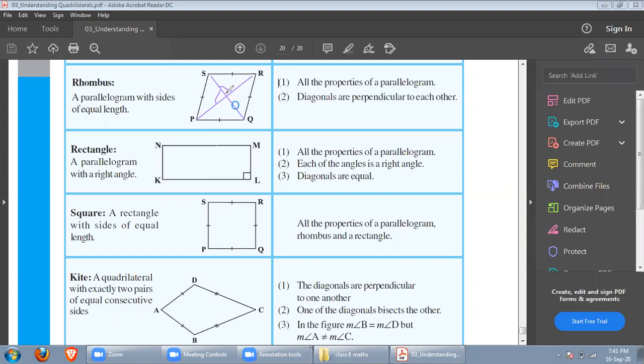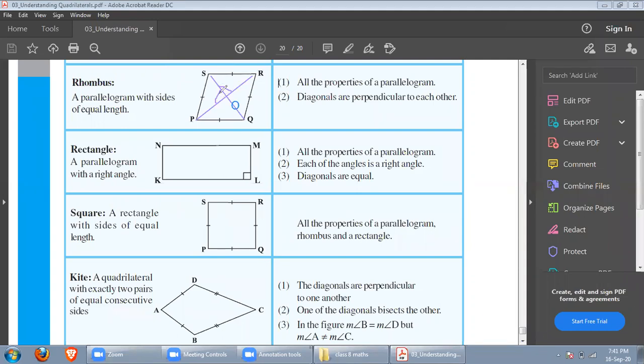By the knowledge of parallel lines and transversal, and congruence theorem, we have proved that in a simple parallelogram or in rhombus also, the diagonals bisect each other. And by the property of SSS congruence theorem, we can prove that the diagonals of a rhombus are also perpendicular.